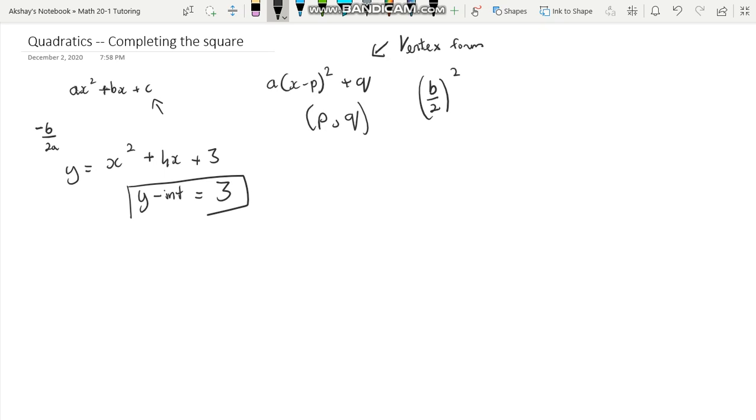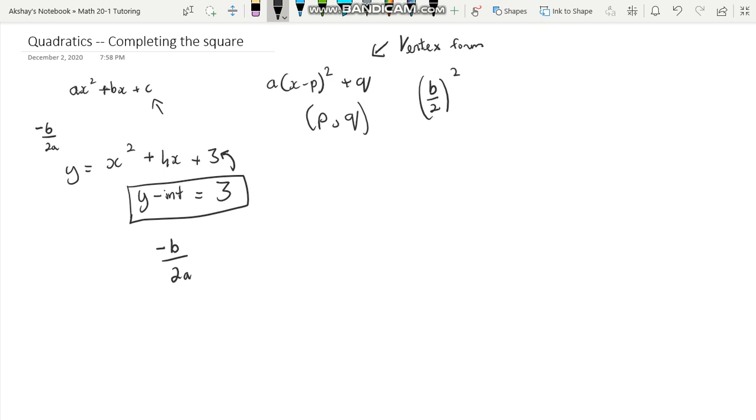So we're given it right off the bat from our standard form, and it is the last term. And if we want to find our vertex from our standard form, we would use the formula negative b over 2a, which is the shortcut.